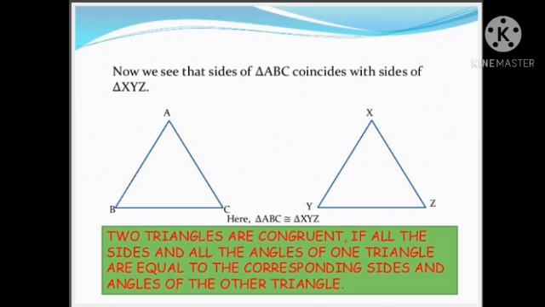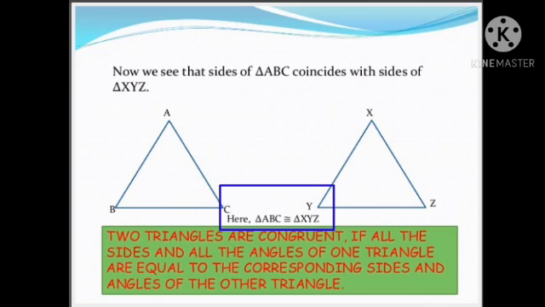Two triangles are congruent if all the sides and all the angles of one triangle are equal to the corresponding sides and angles of the other triangle. We see that the sides of triangle ABC coincide with the sides of triangle XYZ.